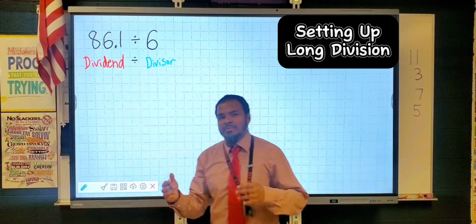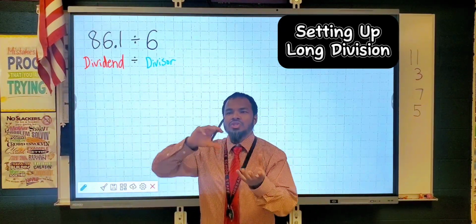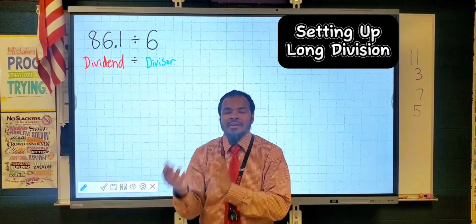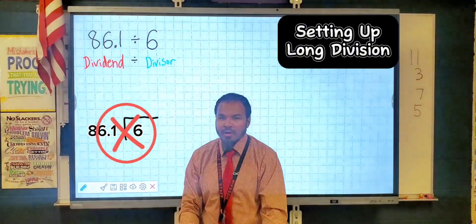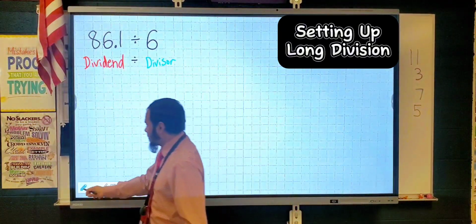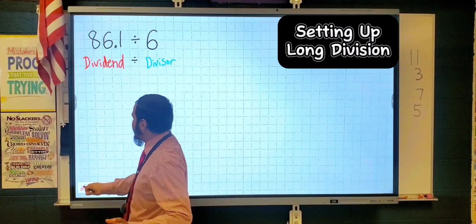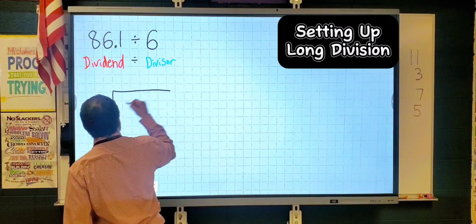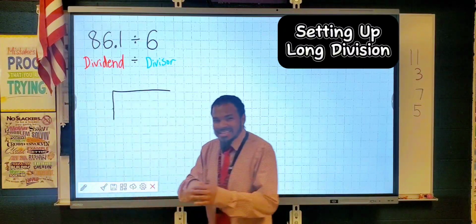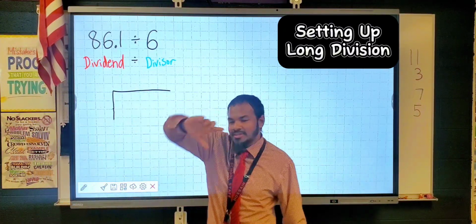Once you label this, you need to understand the structure and the way you set it up, because if you set it up incorrectly, then you're going to get it wrong. The setup basically goes like this. When you're doing long division, you're going to draw this house, right? It's basically an L, but sideways.